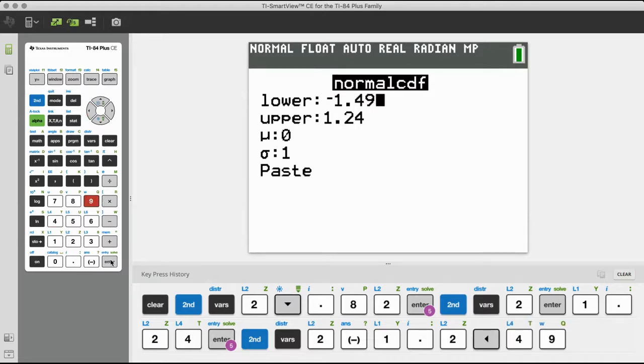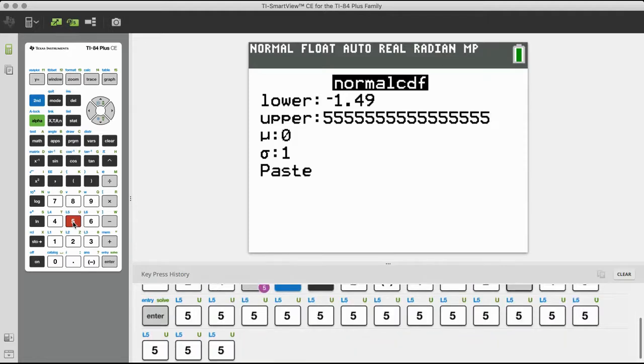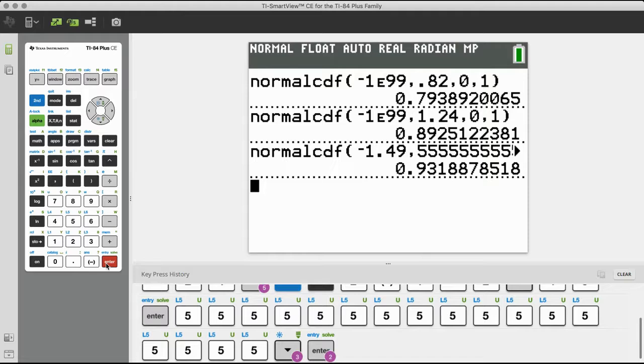All right, and the upper is going to be some very, very large number, okay? It doesn't matter what number you plug. It just needs to be really, really, very, very large. These values are not changing. So when I hit enter and enter again, I get my probability, right? I get the shaded value, which is 0.9139 to 4 significant digits.